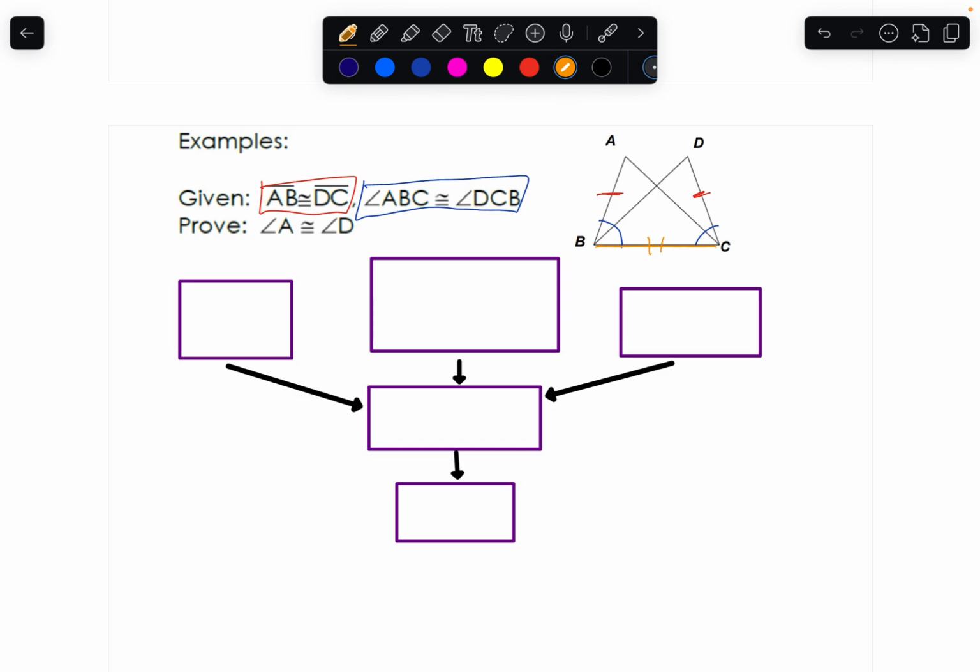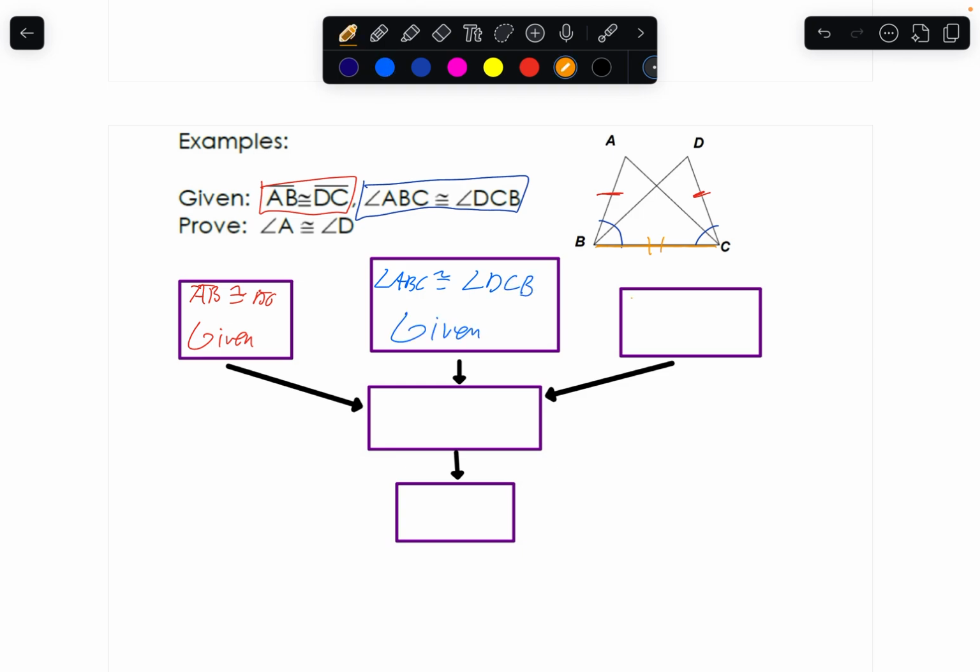Now we can go slowly, little by little, and say AB is congruent to DC, given. Angle ABC congruent to angle DCB, given.